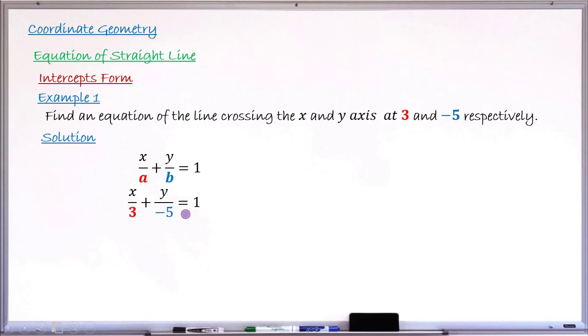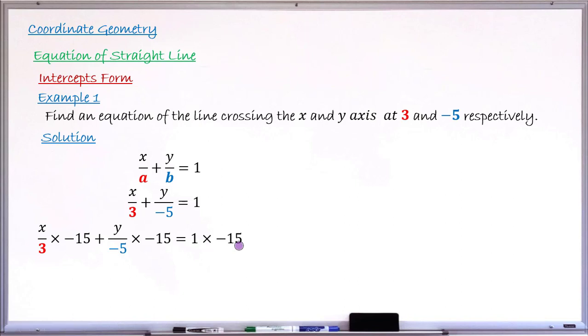What we now do is clear the fractions by multiplying each and every term by the LCM of the denominators. My denominators here are 3 and 5, so the LCM will be 15. Multiplying each and every term by 15, you now have x over 3 times 15 plus y over minus 5 times 15 equals 1 times 15 on the right-hand side as well.